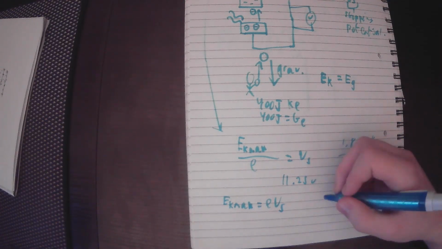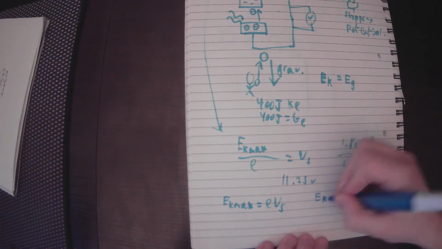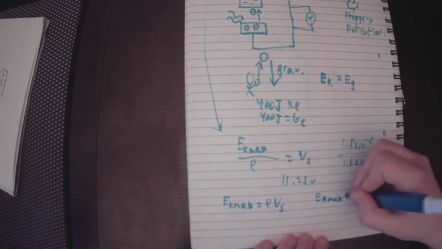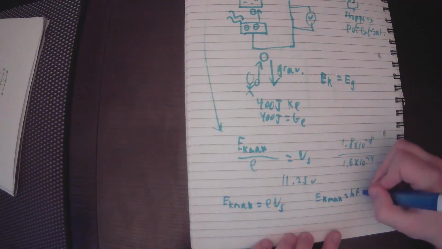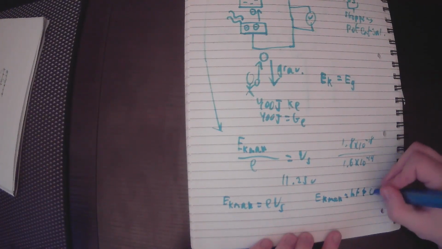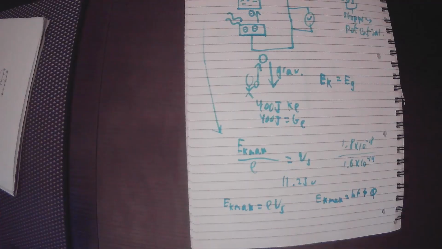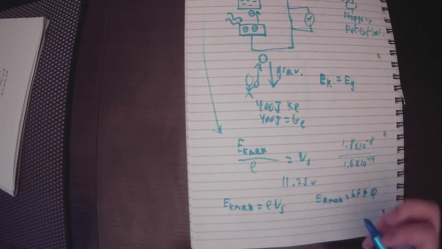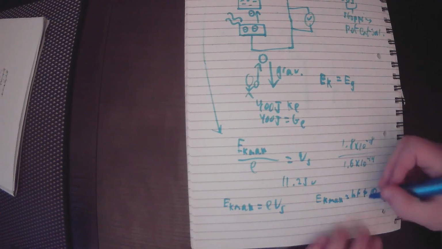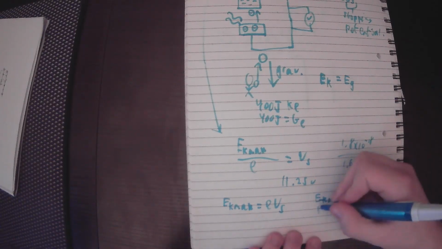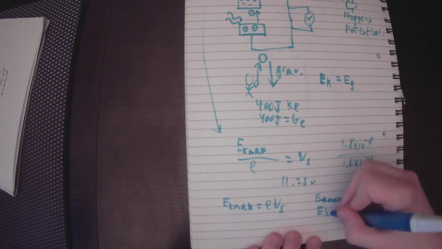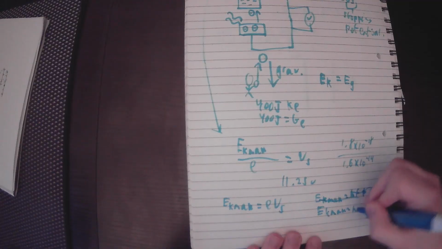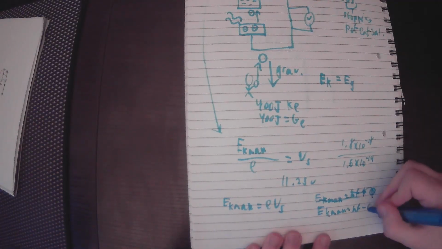We also know from earlier lessons and in the data booklet that hf equals phi plus EK max, the work function. So minus the work function, EK max equals hf minus phi.